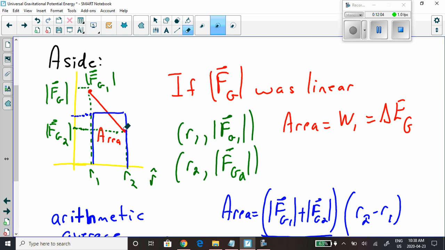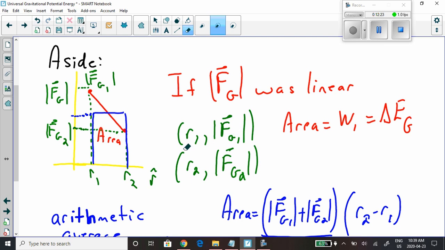This point right here is force of gravity at R2, so I've labeled this point R2, force of gravity 2. And this point right here I've got as R1, force of gravity 1.